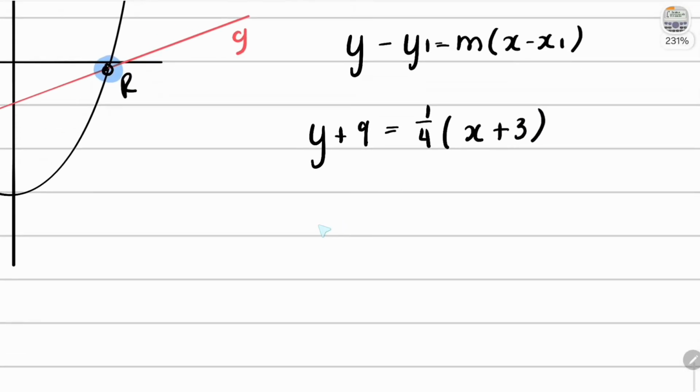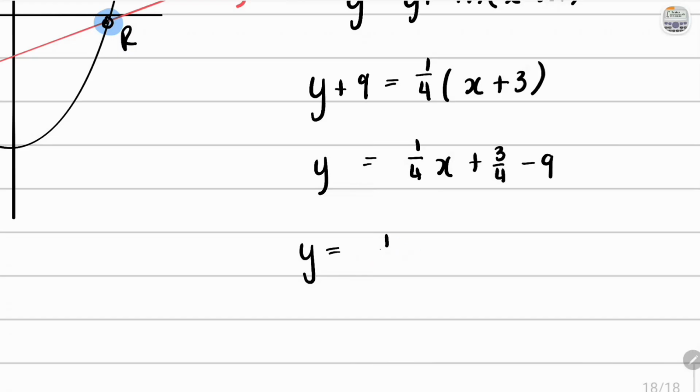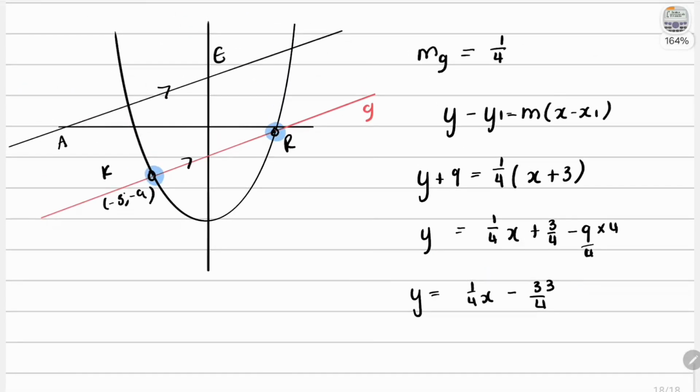And so this is simply equal to 1/4x, because they distribute, and then that becomes +3/4. And the 9 gets transposed, and that is -9. Okay, so y is equal to this, and simplify, it's just 1/4x. If you put this over 4, it's just going to be times 4 over there. 9 times 4 is 36. So 3 minus 36 is -33, so that is -33/4. Okay, so this is the equation of G.